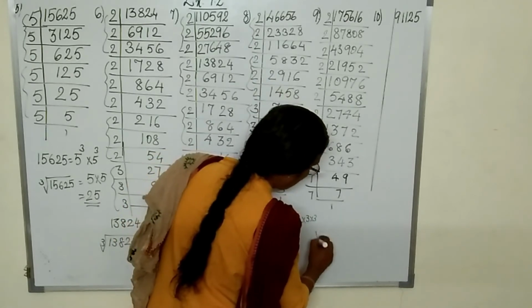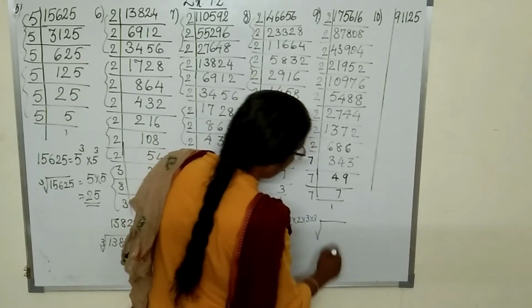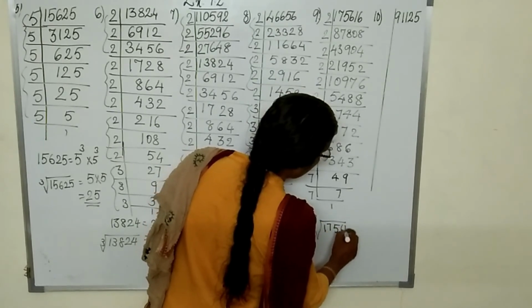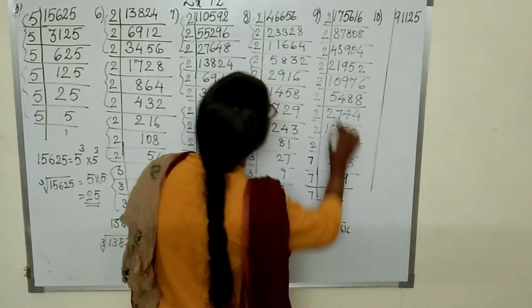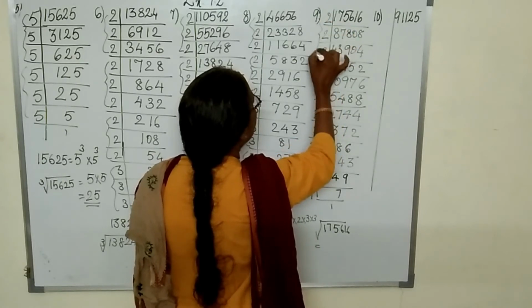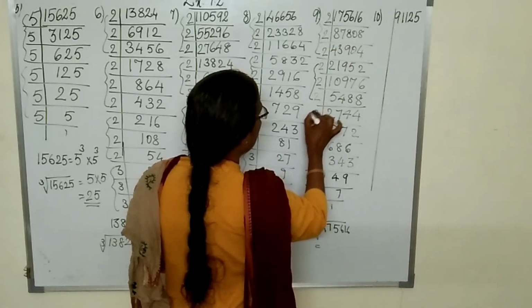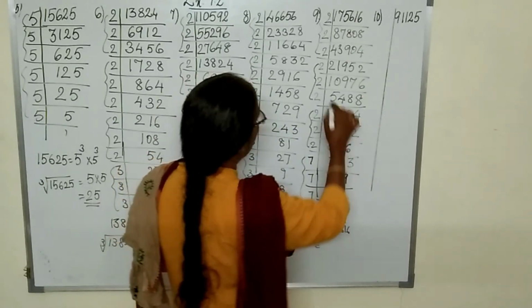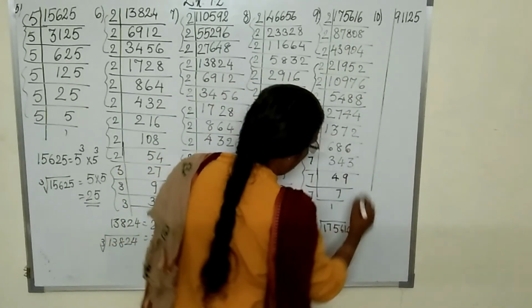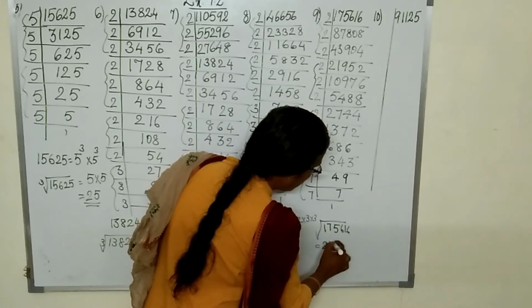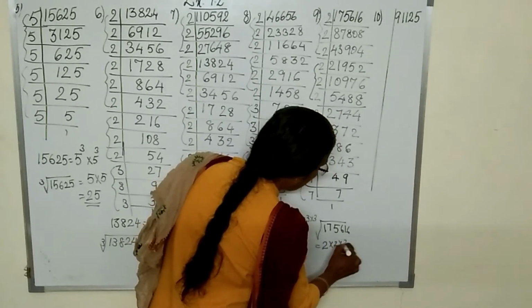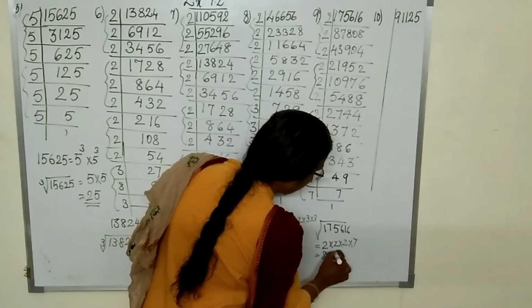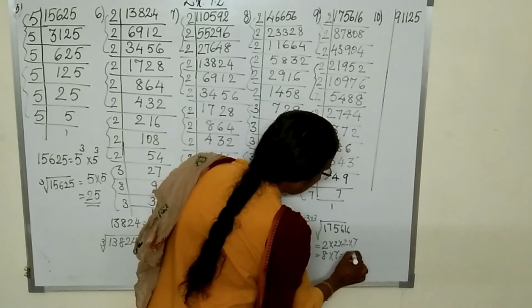So the cube root of 175,616 is equal to, see, 1 2 3, 1 2 3, 1 2 3, 1 2 3. So how many 2s? 1 2 3. So 2 into 2 into 2 into 7. That is 8 into 7, 56.